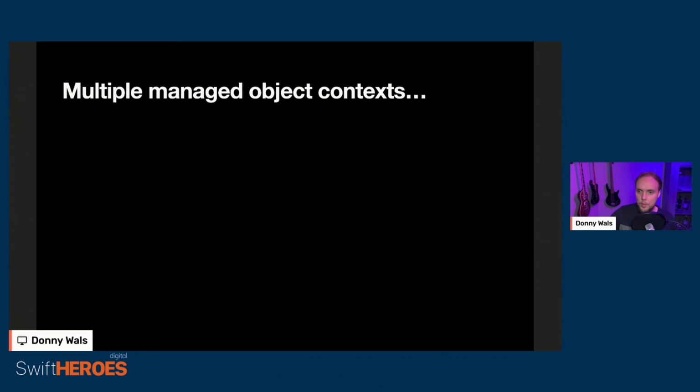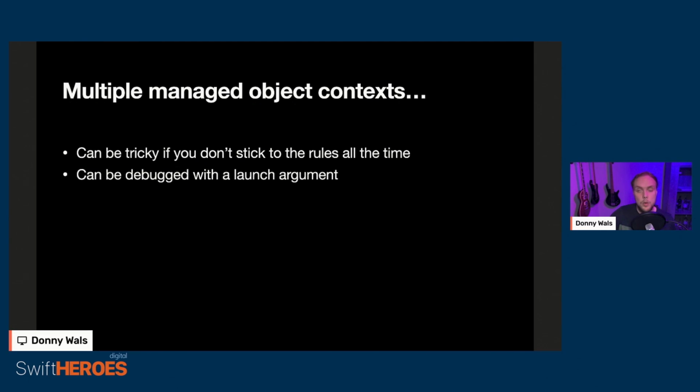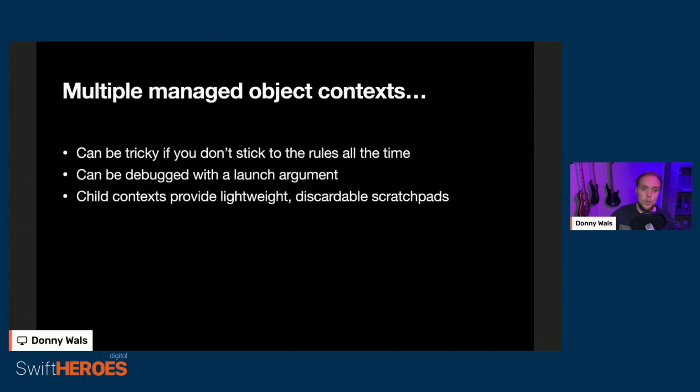Okay, so multiple managed object contexts. They can be tricky if you don't follow the rules all the time. They can be debugged with a launch argument, and I would highly recommend that you always use this launch argument when you can. Child contexts provide a lightweight, discardable scratchpad. Creating a child context is not expensive, and you should do it if you want to isolate changes like we did in this quick example.